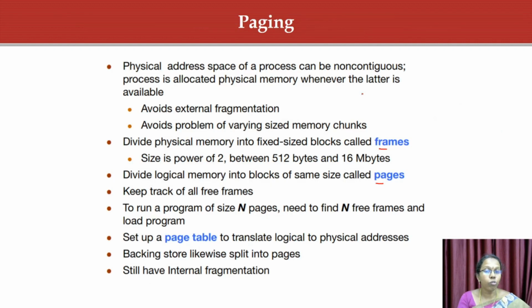By using the paging scheme, it avoids the problem of varying-sized memory chunks and also avoids external fragmentation, but it still suffers from the problem of internal fragmentation. Internal fragmentation means that within the limited memory size, we get a very small number of free blocks.